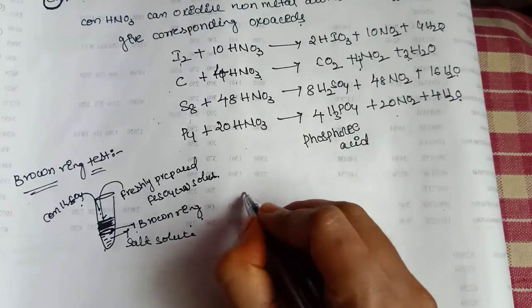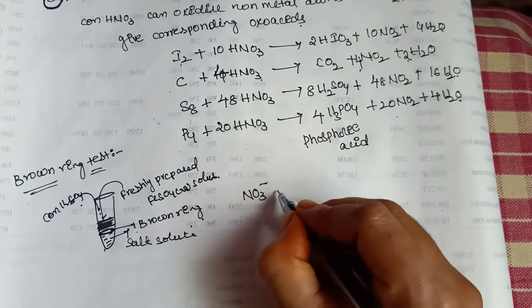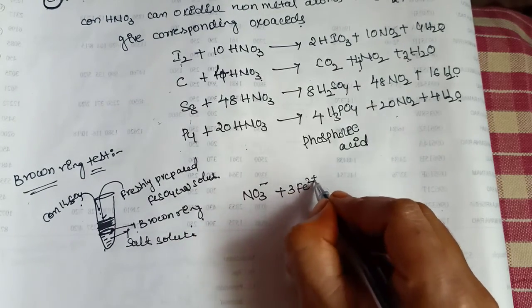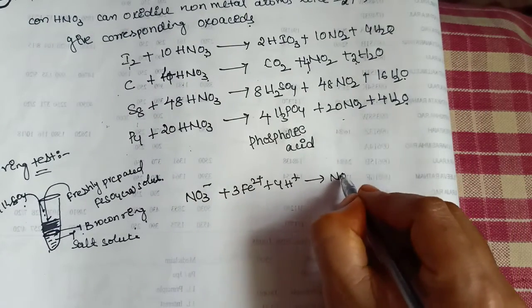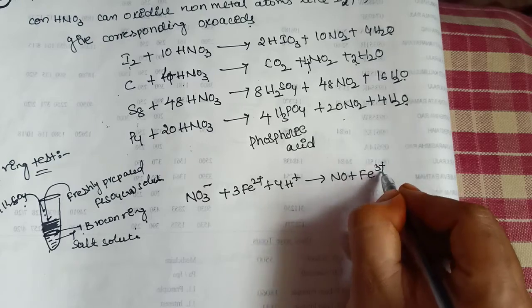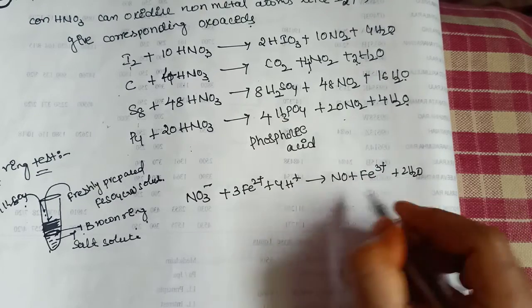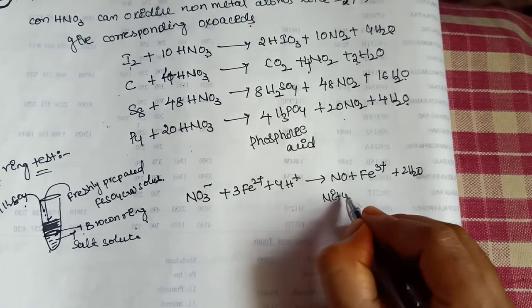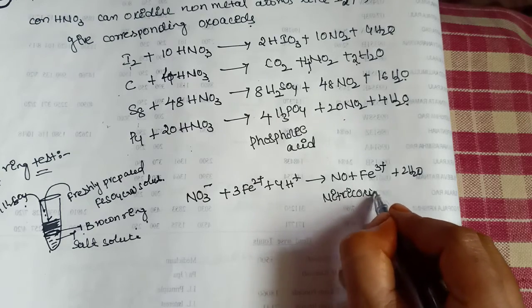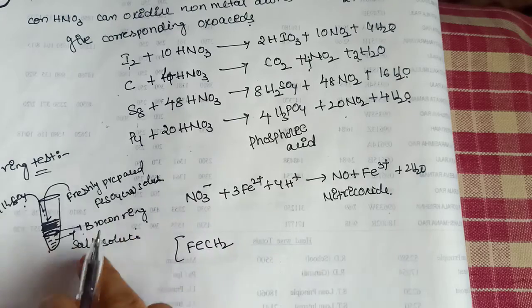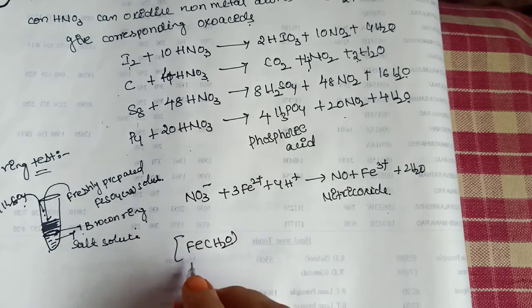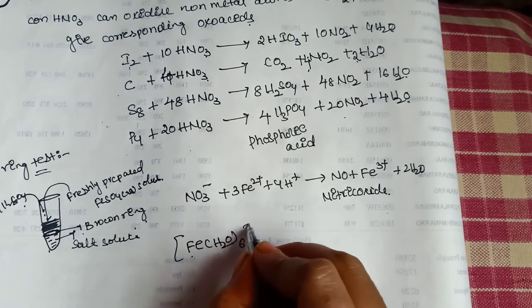Understood? What happened? First, nitrate combines with Fe2+ in acidic medium to give nitric oxide plus Fe3+ plus water. Understood? Nitric oxide. Now this is combined with the freshly prepared FeSO4 solution we already added, in which the complex [Fe(H2O)6]2+ exists.